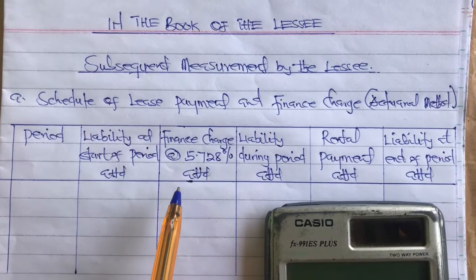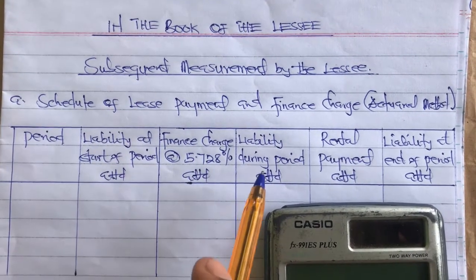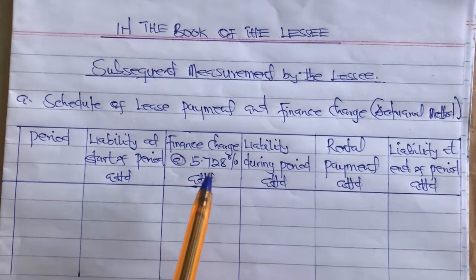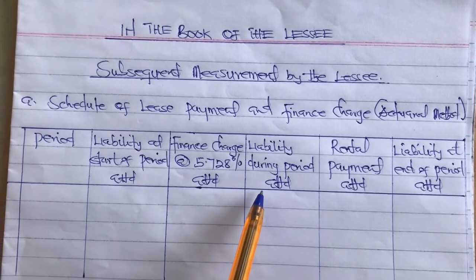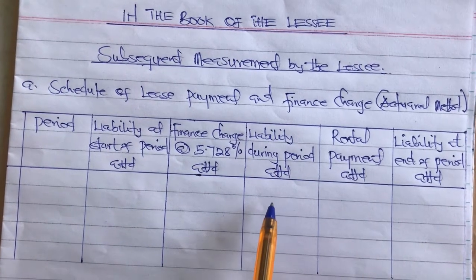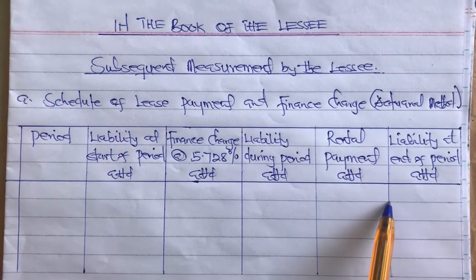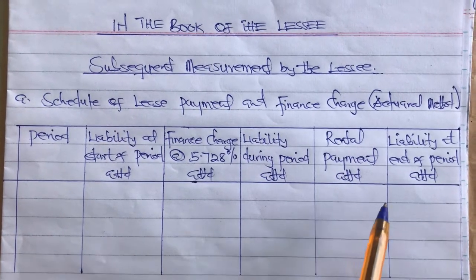After that, we add the finance charge to the initial liability to arrive at our liability during the period. Then we subtract our rental payment from the liability during the period to ascertain our liability at the end of the period.